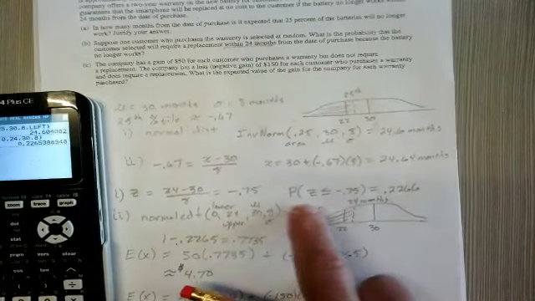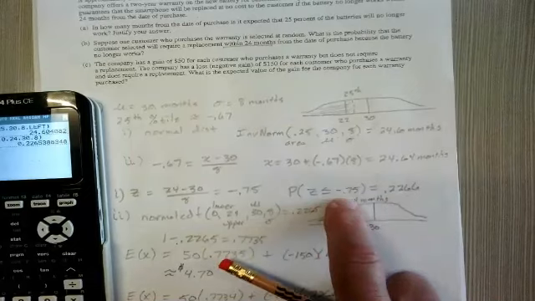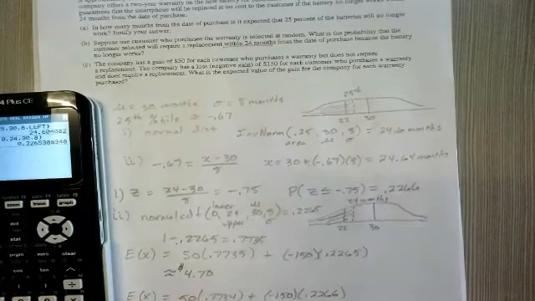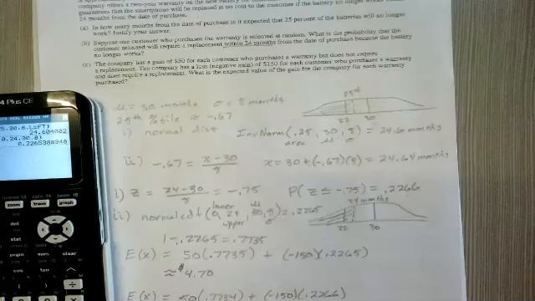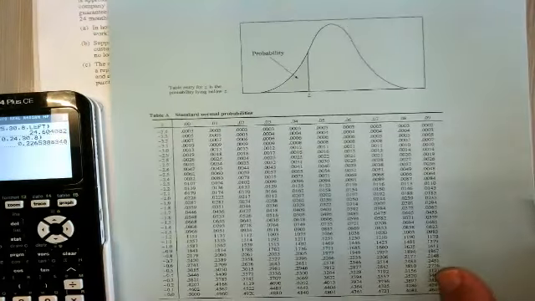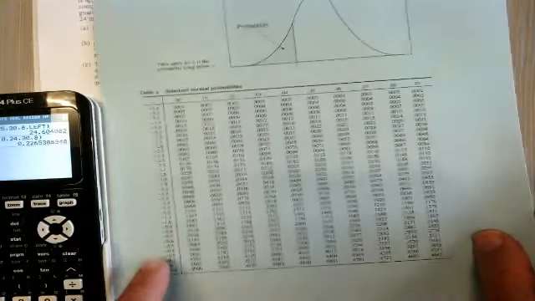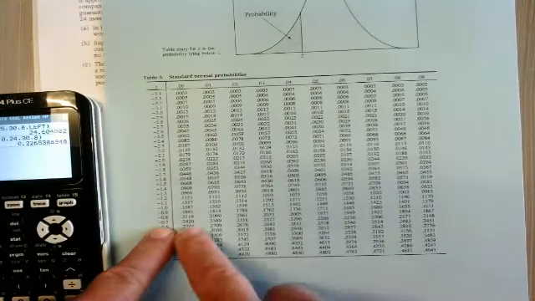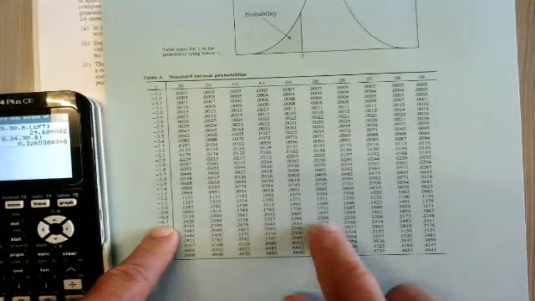On this one, if we do the z-score of a negative 0.75, we can go to the table. If you prefer, you could go to the z table. If I can find my z table. There we go. Okay. We can go to our Z table, which they give you on the test, and go negative 0.7, 0, 1, 2, 3, 4.